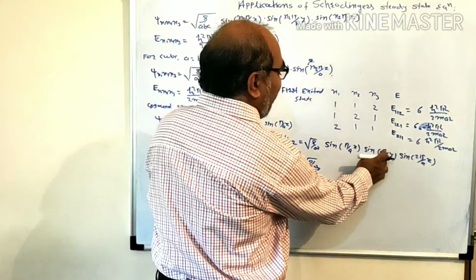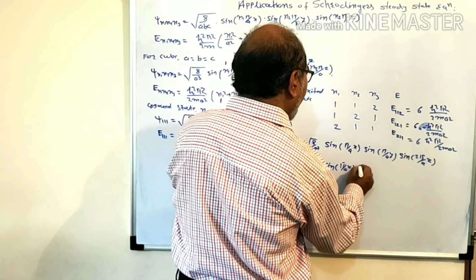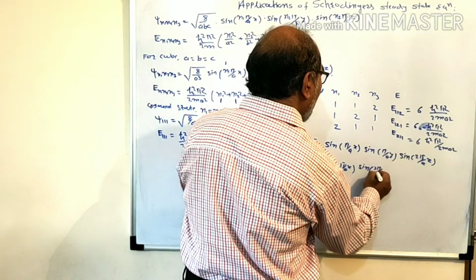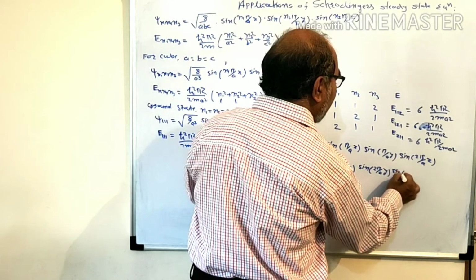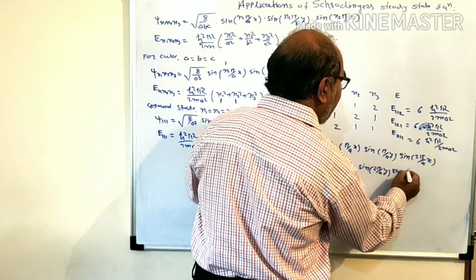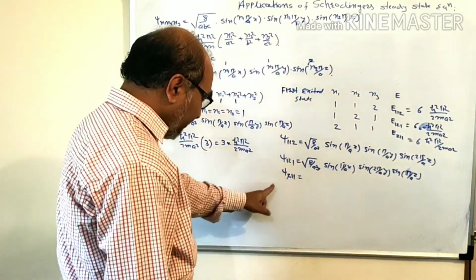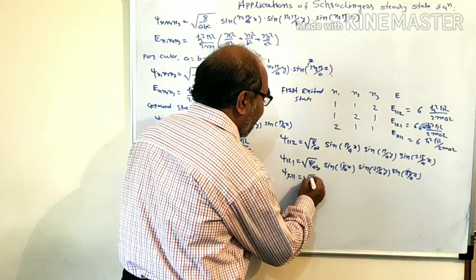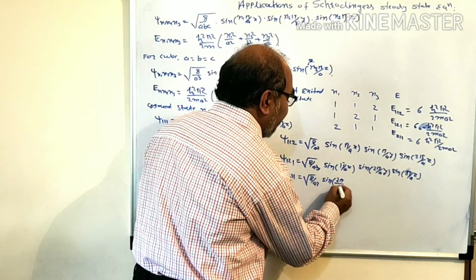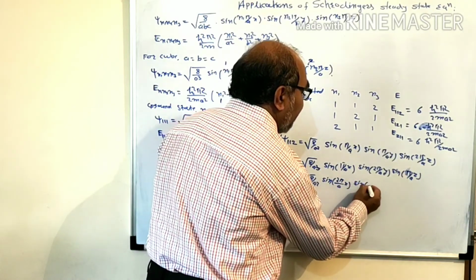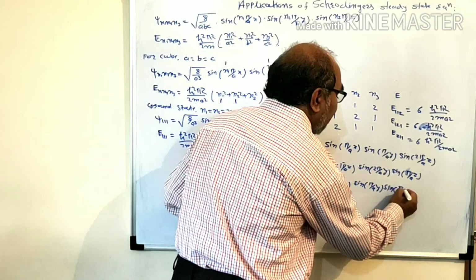Here the remaining terms stay the same: sine pi by a x, here sine 2 pi by a y, where it is 2, and sine pi by a z. And for the first term to change, this is 8 by a cube, sine 2 pi x by a, the same sine pi y by a, sine pi z by a.